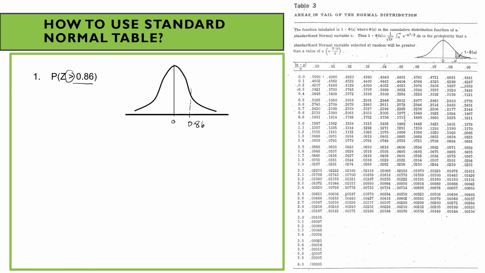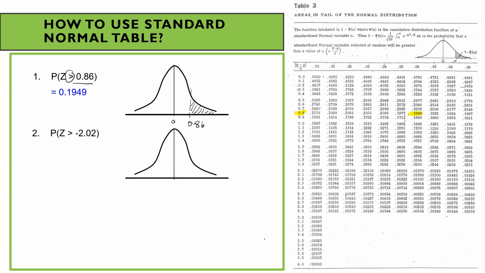The symbol here is greater than, which means the shaded region is to the right of 0.86. Next step, find the value in the Z table. 0.8 here, and then the second decimal is 0.06. The value is 0.1949. Therefore, the final answer is 0.1949.